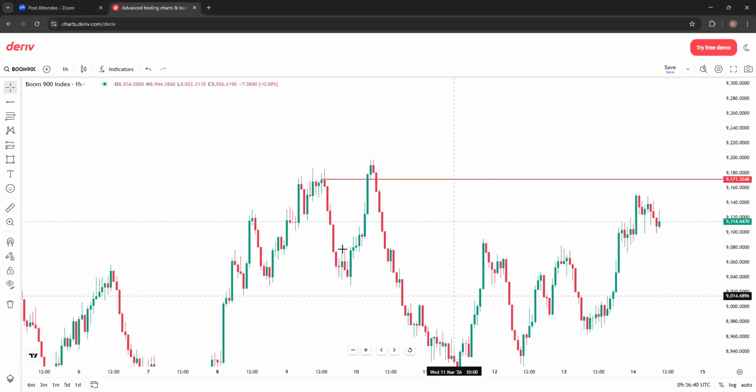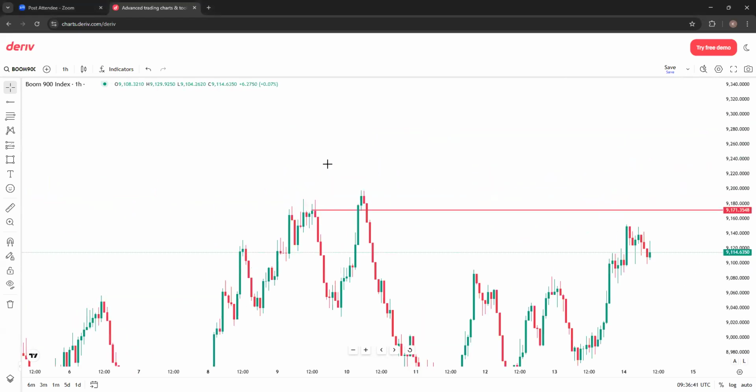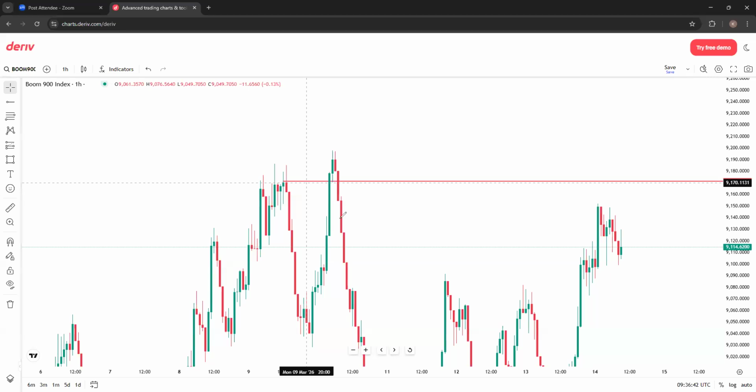Now, when this high over here was created, what we see is that we have a small tail, a middle tail outstanding, and then the other tail that follows a bit lower than the middle tail, meaning that we've successfully created a high.